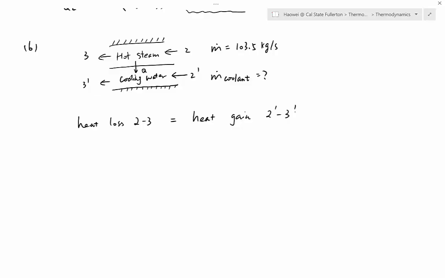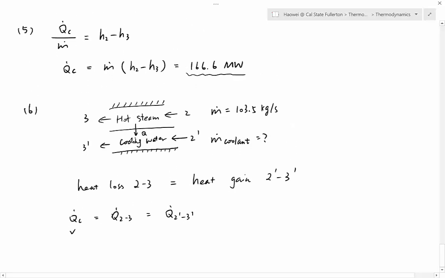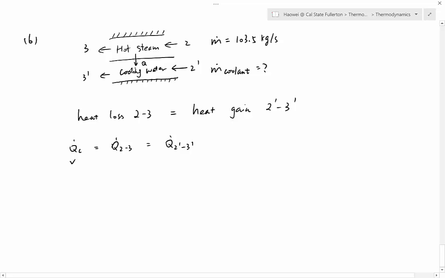What is the left-hand side? The left-hand side is Q dot 2 to 3, and the right-hand side is Q dot 2 prime to 3 prime. Q dot 2 to 3 is equal to Q dot cold. I have the value of Q dot cold from part 5 already, so I just need to rewrite the right-hand side, Q dot 2 prime to 3 prime.